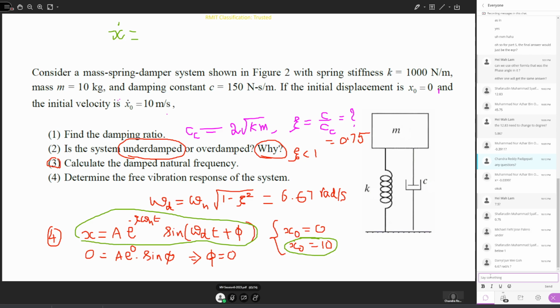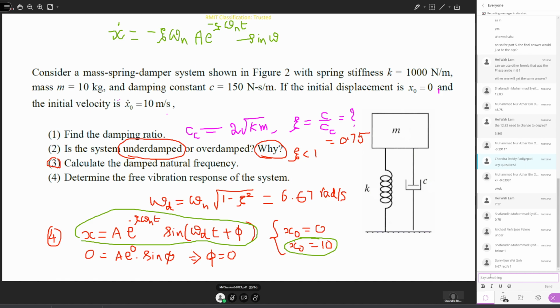I just write minus eta into omega n, amplitude A, then exponential power minus eta omega n t into sine omega d t plus phi.